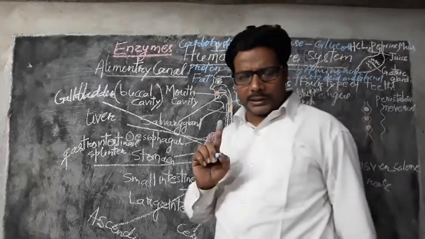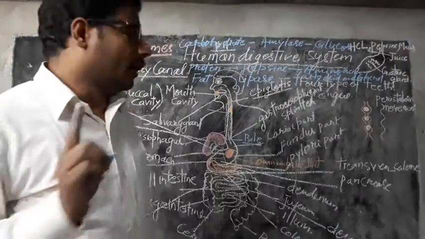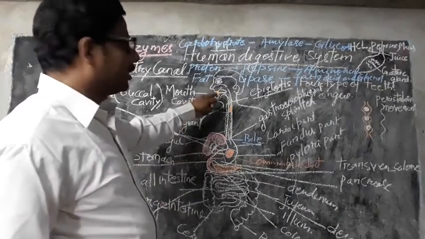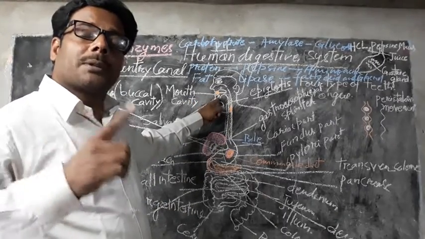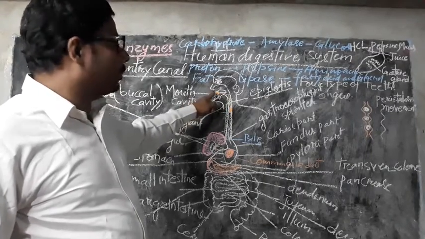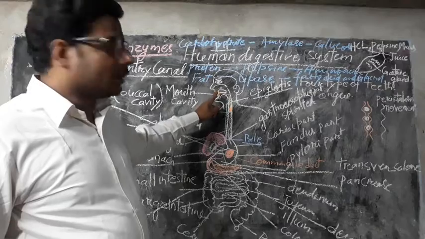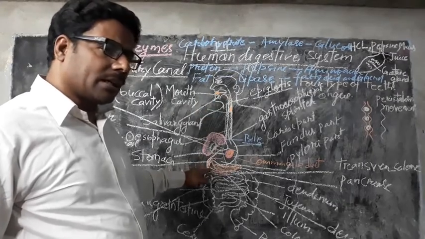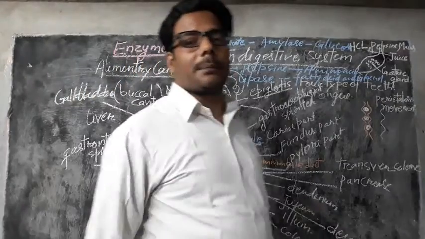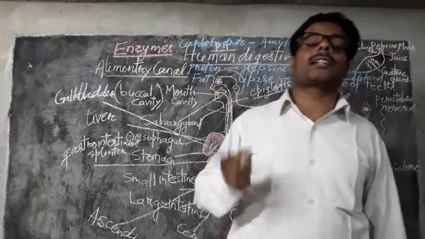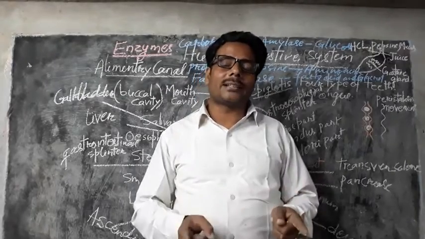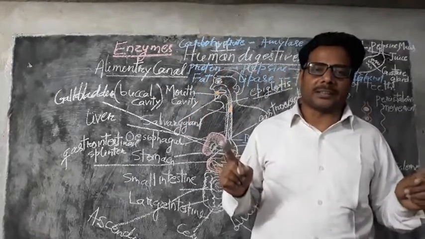As we were discussing the different steps of holozoic nutrition: first of all ingestion takes place, thereafter digestion takes place, and now the process of absorption takes place. So the small intestine is the region where the food is absorbed completely.